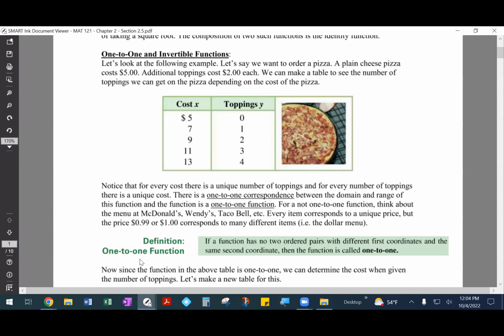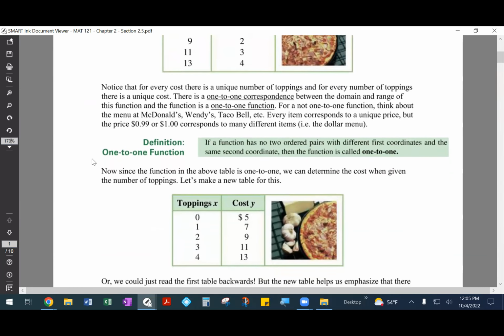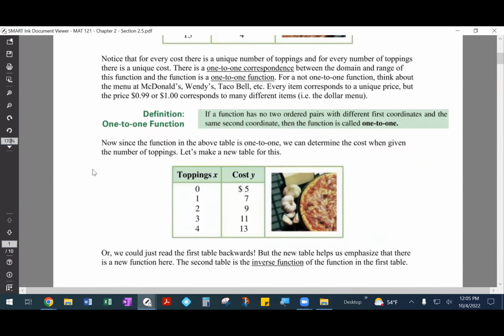So each of these different food items have the same dollar price, right? So that's not a one-to-one relationship. You should only have, like I said, for a $1 amount, one item, which we will not see at a dollar menu.